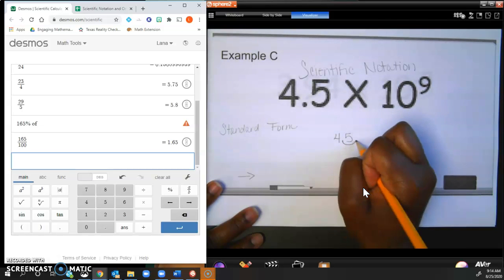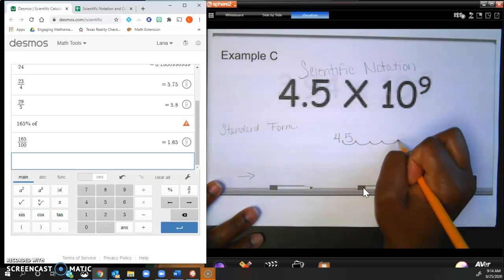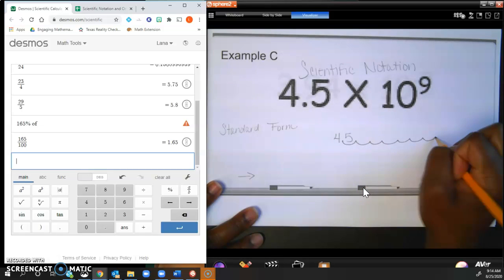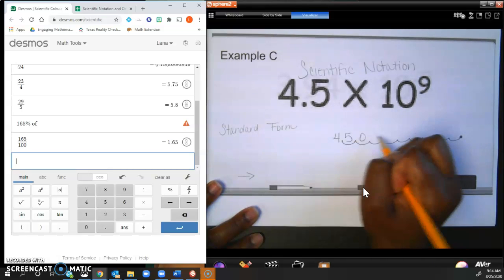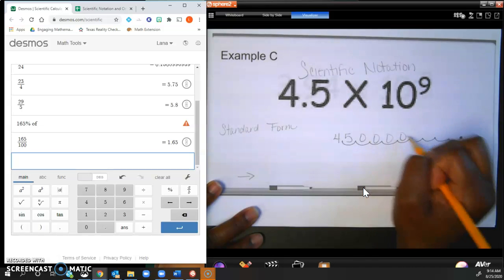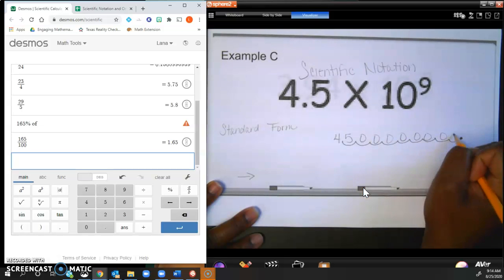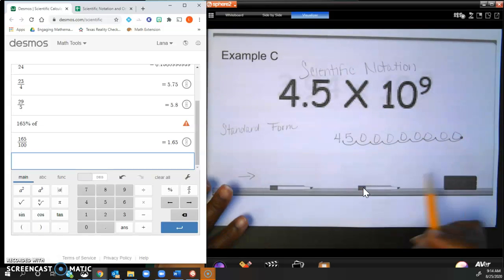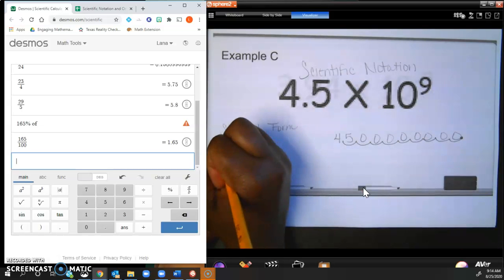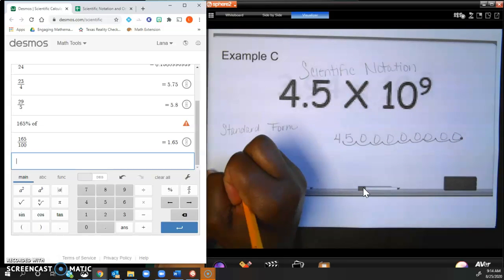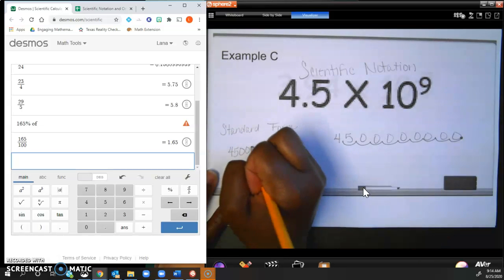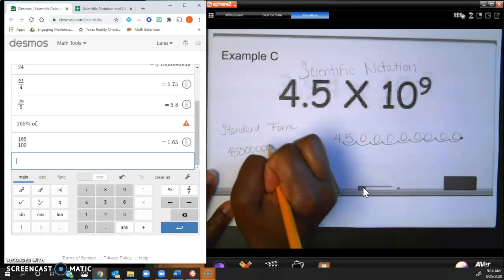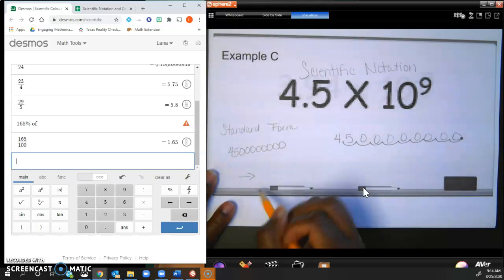So that's 1, 2, 3, 4, 5, 6, 7, 8, 9. And then I'm going to put in my placeholders of zeros. Okay, and this is how I get my standard form.